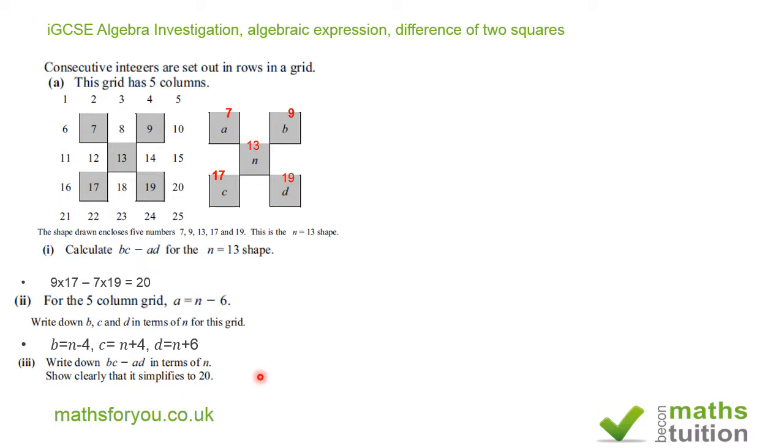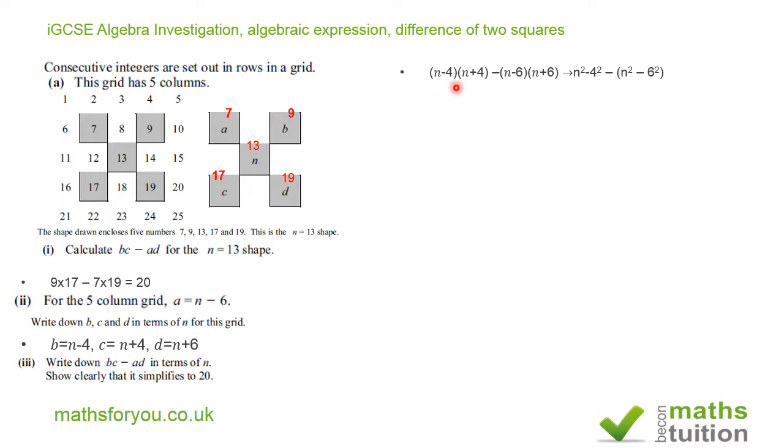Right, it says write down BC minus AD in terms of n, and show clearly that it simplifies to 20. Right, so we do BC minus AD. Now B we know is n minus 4, and C we know is n plus 4, minus AD, and A we know is n minus 6, because that's 7 there, and D is n plus 6, because that's 19.